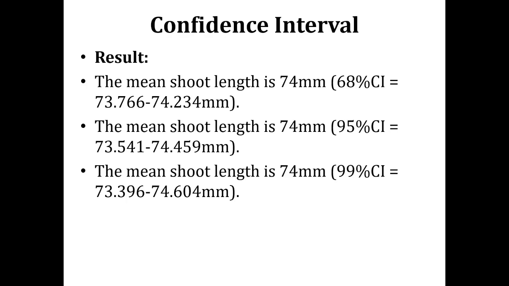So once we calculate the standard error, we need to calculate the confidence interval, and if we use the standard error as such, if you multiply standard error with the value of 1, we are only 68% confident. But if we want to increase the confidence level, we will have to expand our standard error, and we will expand our standard error by 1.96 on both sides to get the 95% confidence interval.